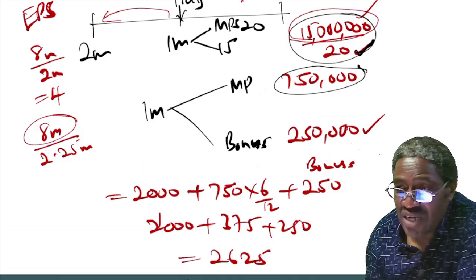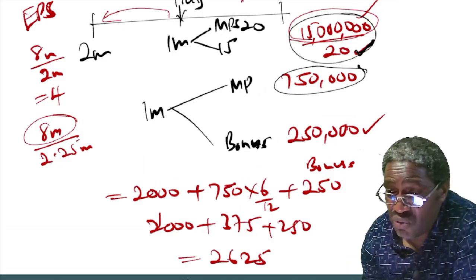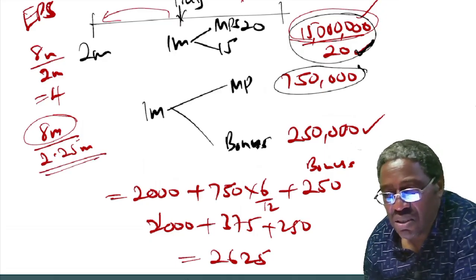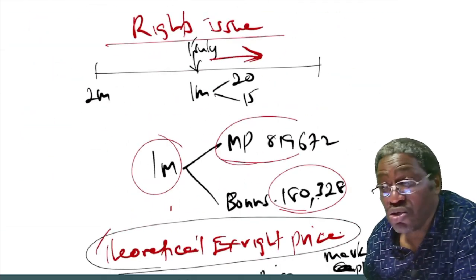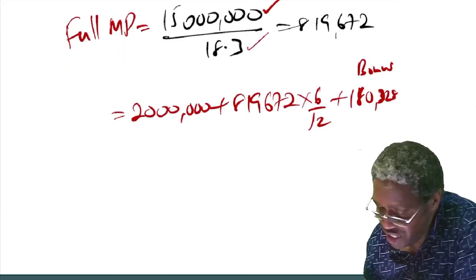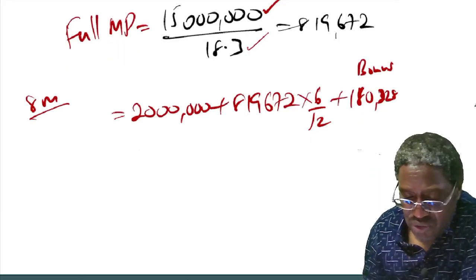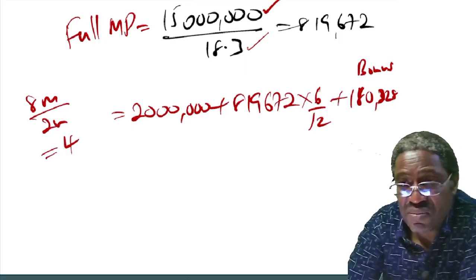I divided that by the number of shares last year, 2 million, plus the bonus in the current year, 250. I got 2.25. That's what I did for stock option. But for rights issue, you don't do the same. The earnings last year were 8 million. Number of shares last year were 2 million. Our EPS last year was 4 shillings.